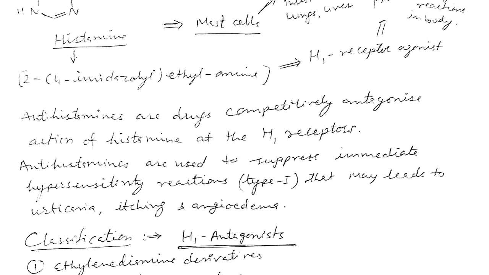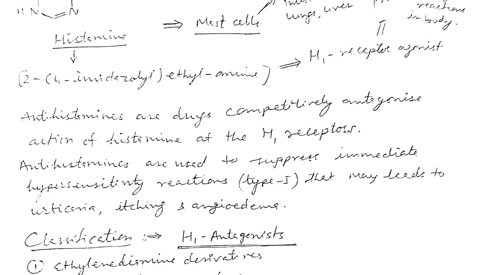The H2 receptors are present in the gastric mucosa of the stomach, and they are responsible for the secretion of gastric juice and HCl.